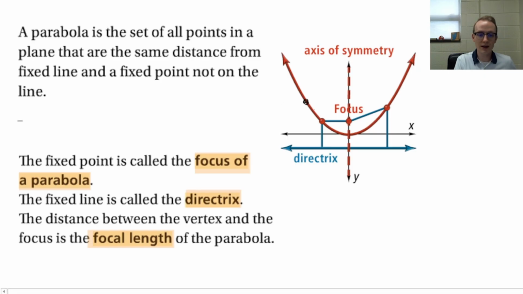But if you go straight down to meet the directrix, or maybe up or left or right, depending on how the parabola is oriented, this distance here is the same as the distance to the focus, and that is the case for every single part of this parabola. This is just a set of infinitely many points, and all of these points are the same distance from the directrix and the focus.